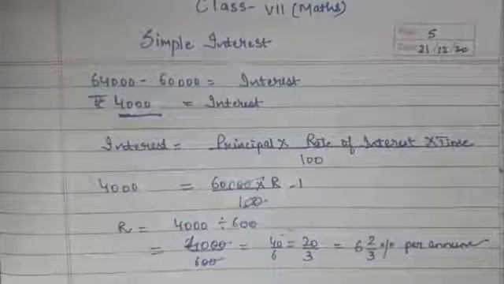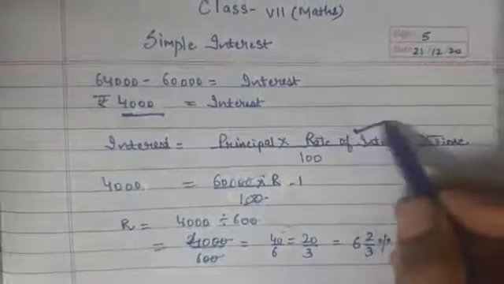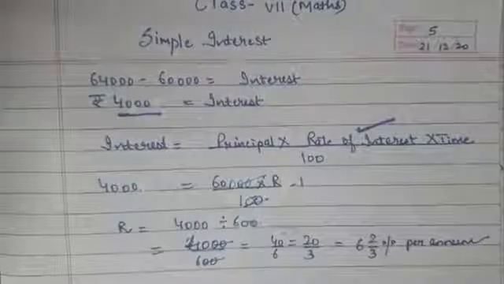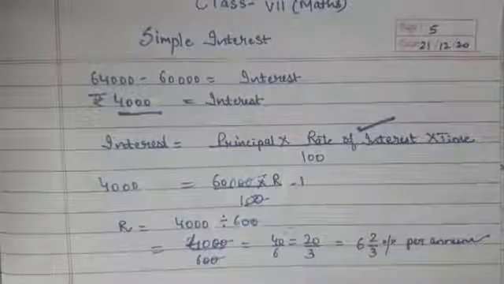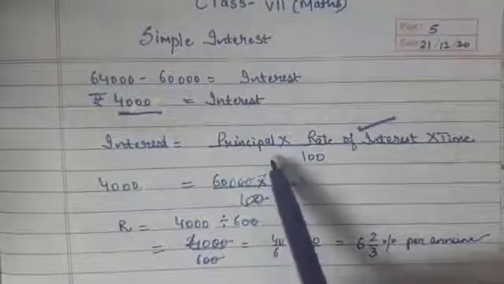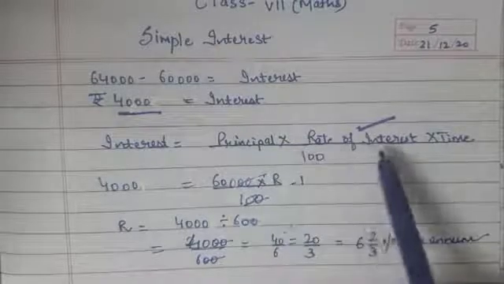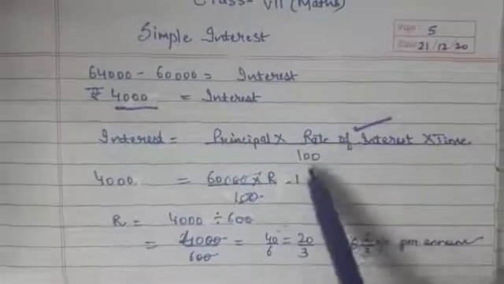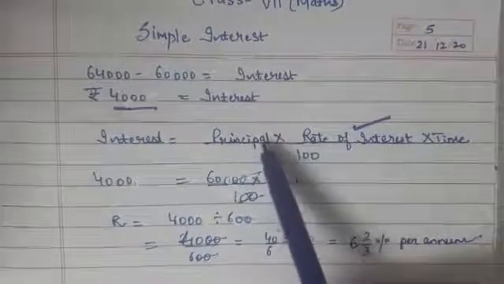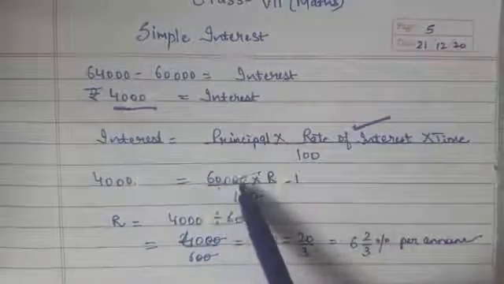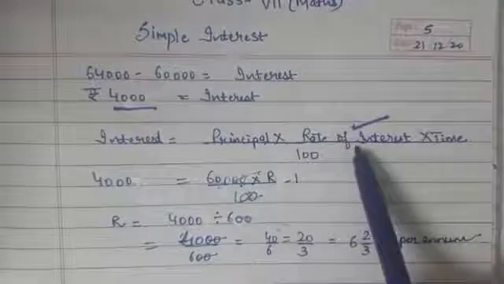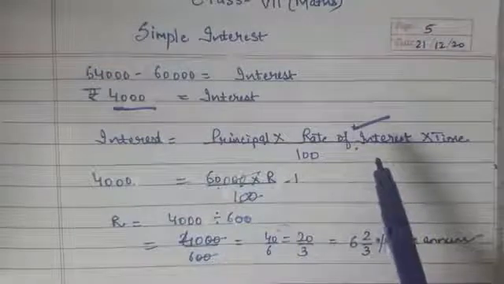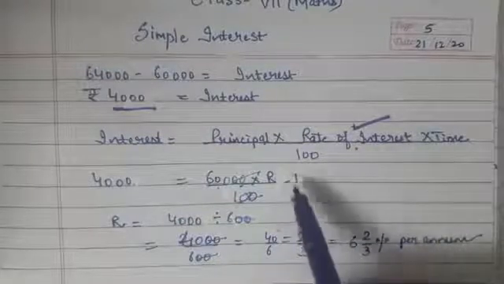Now we have to find the rate of interest. So let us apply the formula for interest. Interest is principal multiplied by rate of interest multiplied by time upon 100. Now principal is 60,000, rate of interest we don't know, and time is 1 year.